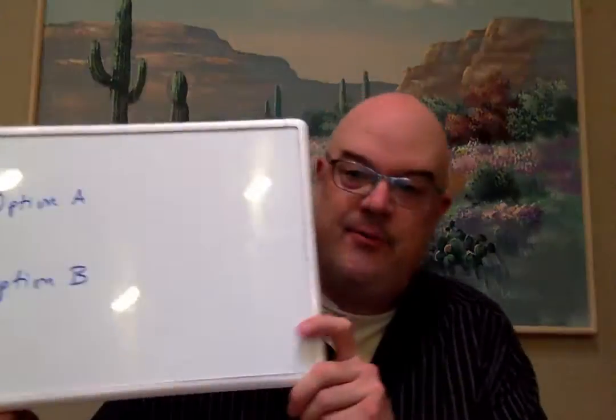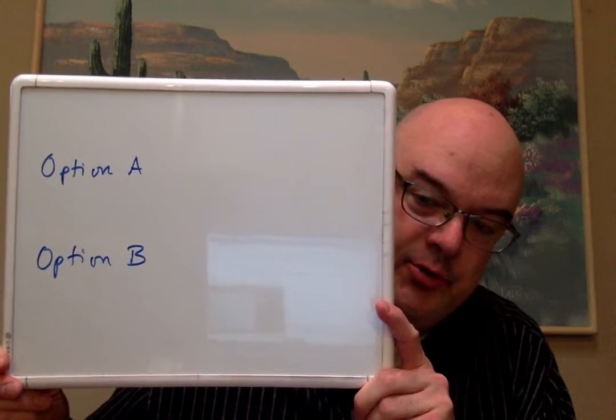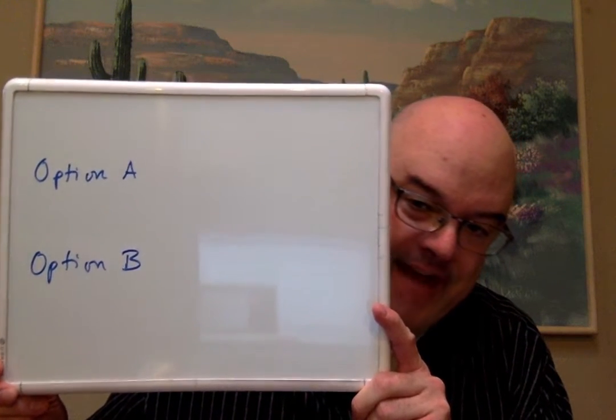So let's say we have option A and option B. So option A and option B represent 2 actions that one may take. And let's say that if I take option A, I'm going to be distributing pleasure across society in this way.